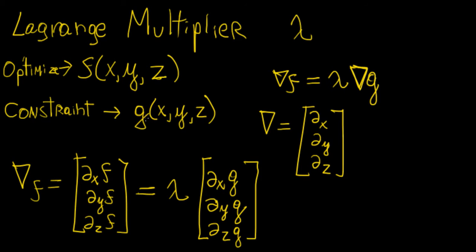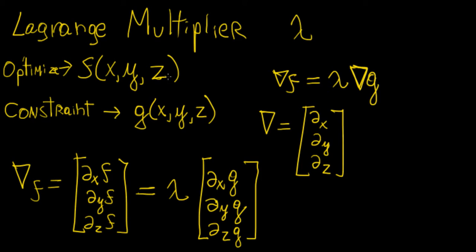And in general, it's good to have constraints that involve all the same variables as f, because we want to have an equal number of equations as we have variables, so we can solve for them. So what can you notice about this particular system?